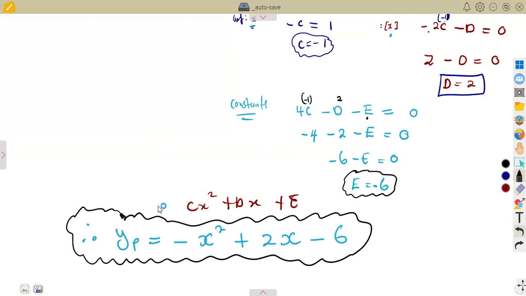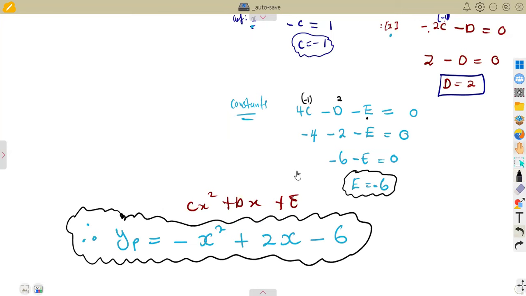Like I explained, C is supposed to be calculated, D calculated. If there is E, E is also supposed to be calculated. These constants must be there.